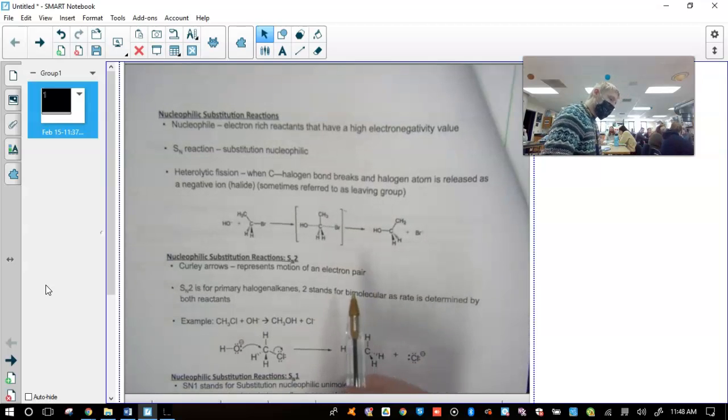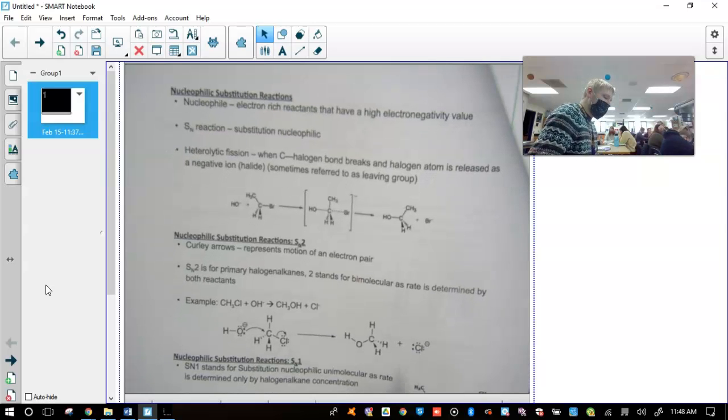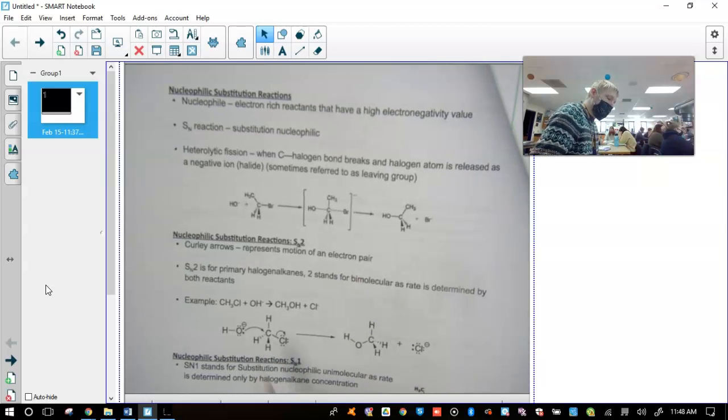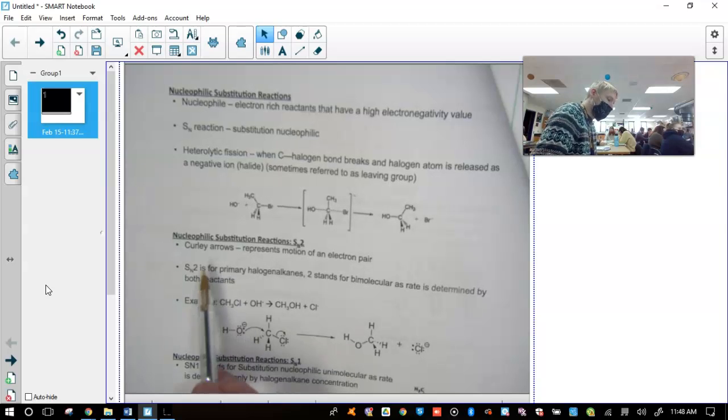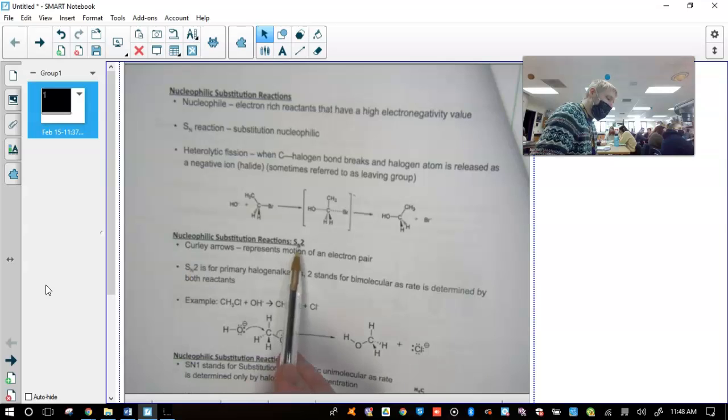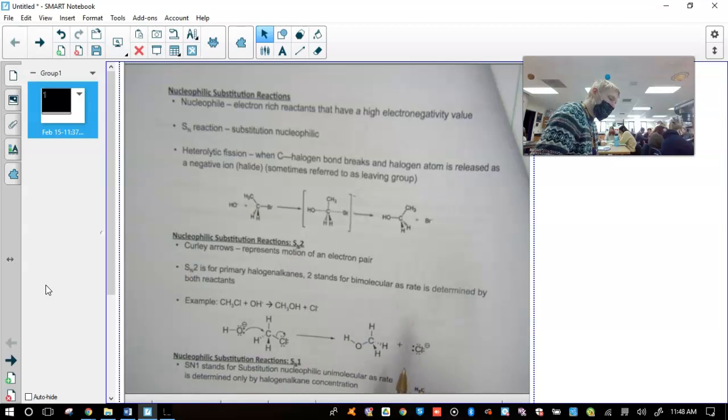But we have to look at certain situations, and it depends upon what type of carbon, whether it's primary, secondary, or tertiary. So we've got Sn2.